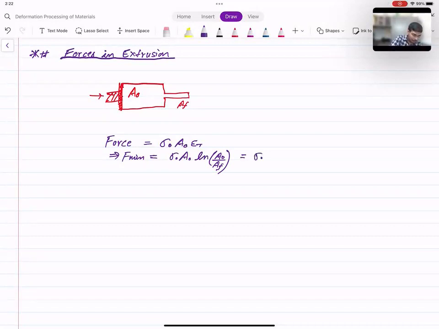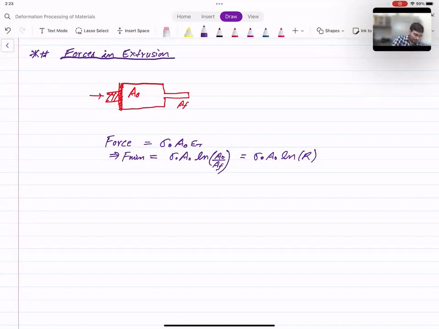So this will be sigma naught A naught ln of R. We have seen in previous lectures that A naught by AF is nothing but the reduction ratio or the extrusion ratio. So this relation gives us the value of minimum force required.